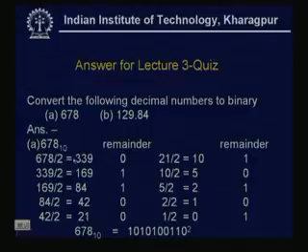So, 678 divided by 2, the remainder is 0. For the second division, the remainder is 1. Similarly, I am getting these remainders.